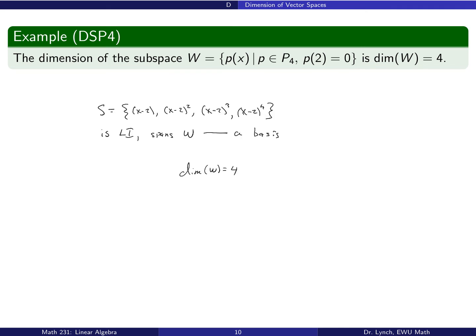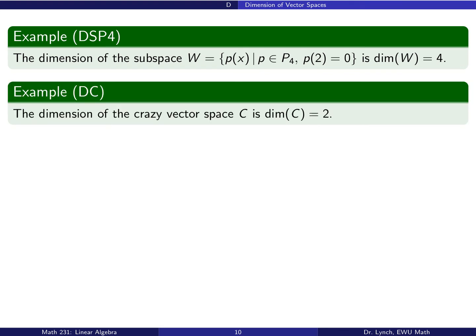So these 4 elements are a linearly independent set that spans W. It's a basis of W, so the dimension of W is 4. Similarly, we saw a linearly independent set that spans the crazy vector space. Okay, the set {1, 0, 6, 3} is a linearly independent set that spans the crazy vector space. It's therefore a basis, so we see that the dimension of the crazy vector space is 2.